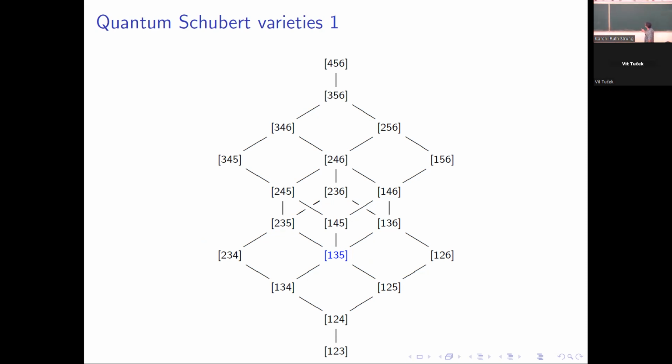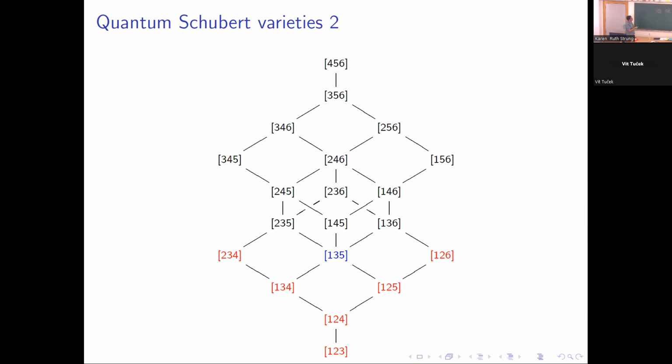So you fix a Plucker coordinate, let's say this one, and you can form an ideal generated by some Plucker coordinates, namely all the Plucker coordinates which are not bigger than or equal to this one.